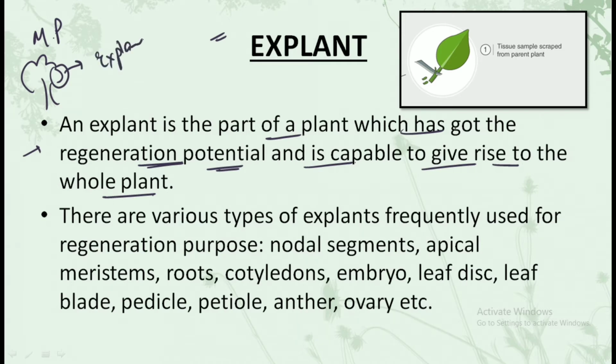And this explant should have the potential to regenerate and produce the whole plant. The various types of explant frequently used for regeneration are nodal segments, apical meristems, roots, cotyledons, and so forth.